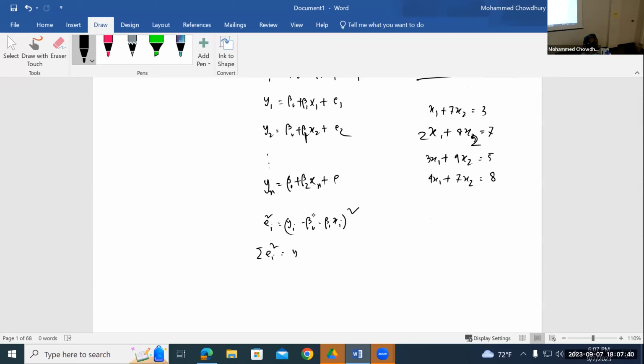We call this residual yi minus beta 0 minus beta 1 xi, squared, like this. And then we differentiate it with respect to beta 0 and beta 1. And then we find the solution for beta 0 and beta 1. In such cases, all given information is used, x and y. Understand, right? This is what is known as the least squares method.